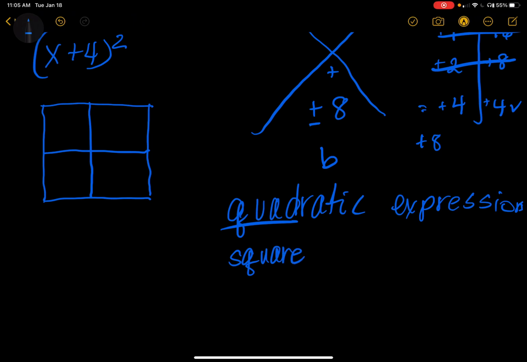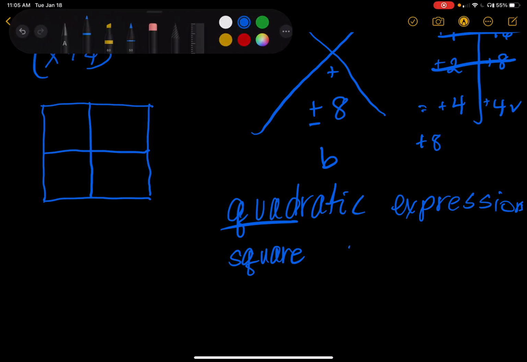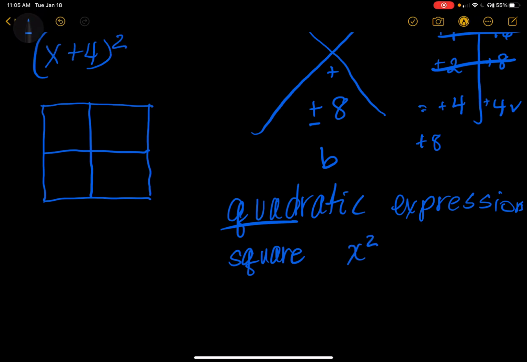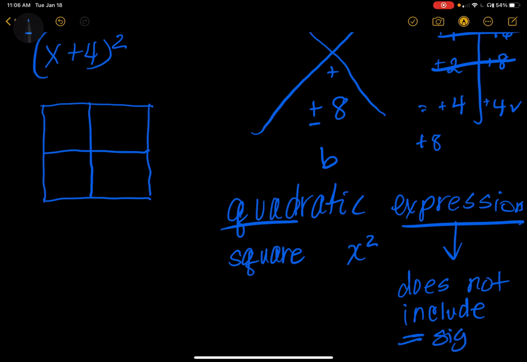And so the reason why we call these quadratics is because your highest exponent, your variable, is squared. So we have that x squared term. And then expression, of course, it's an expression because it does not include an equal sign. And so for it to be an equation, it has to have that equal sign.